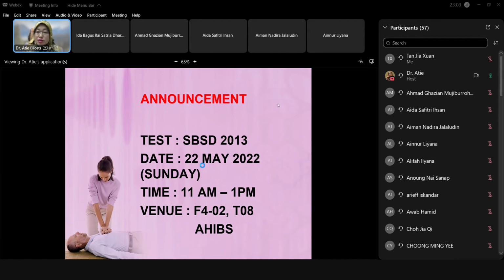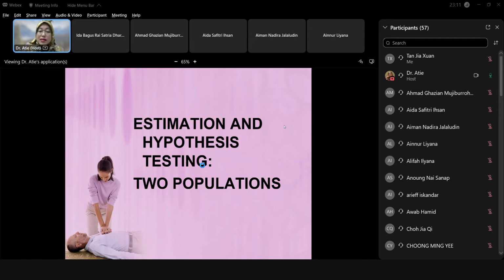Just to remind you what we learned in our previous meeting, the t-test will be used for inferential statistics when we have n less than 30. We use the t-test when we have a small sample size, which is n less than 30.